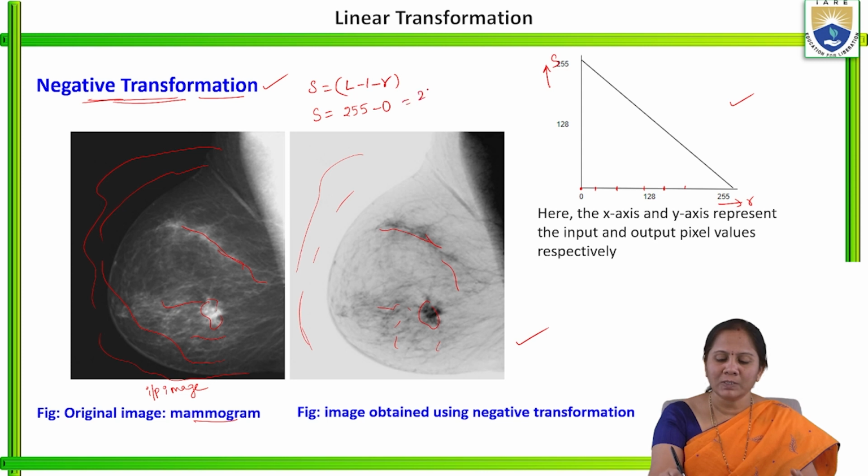So for the value of R, S will be 255. Here is R because it is on the x-axis. Similarly, if the value of R changes, for example, S is equal to L minus 1, which is 255 if we consider an 8-bit image.